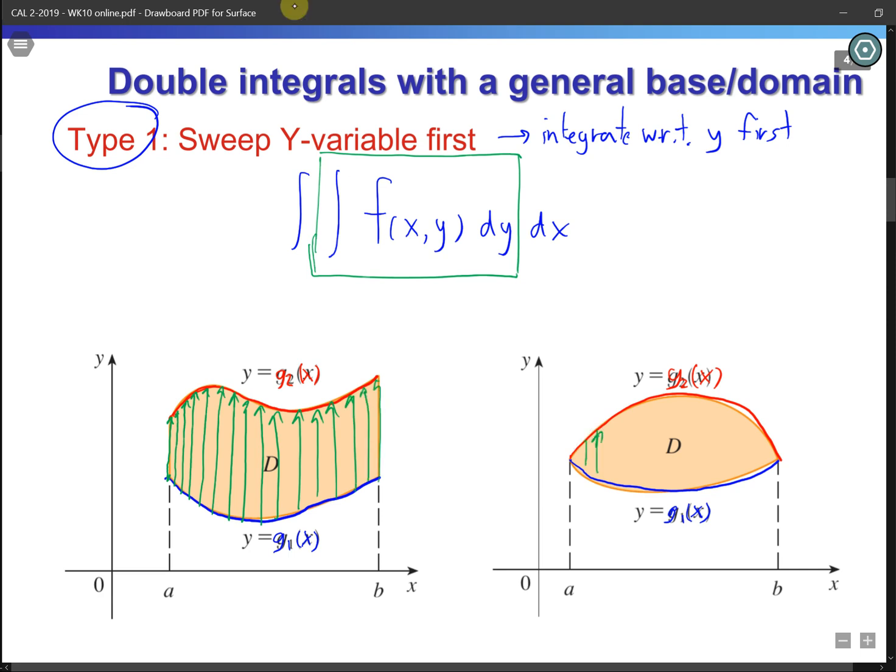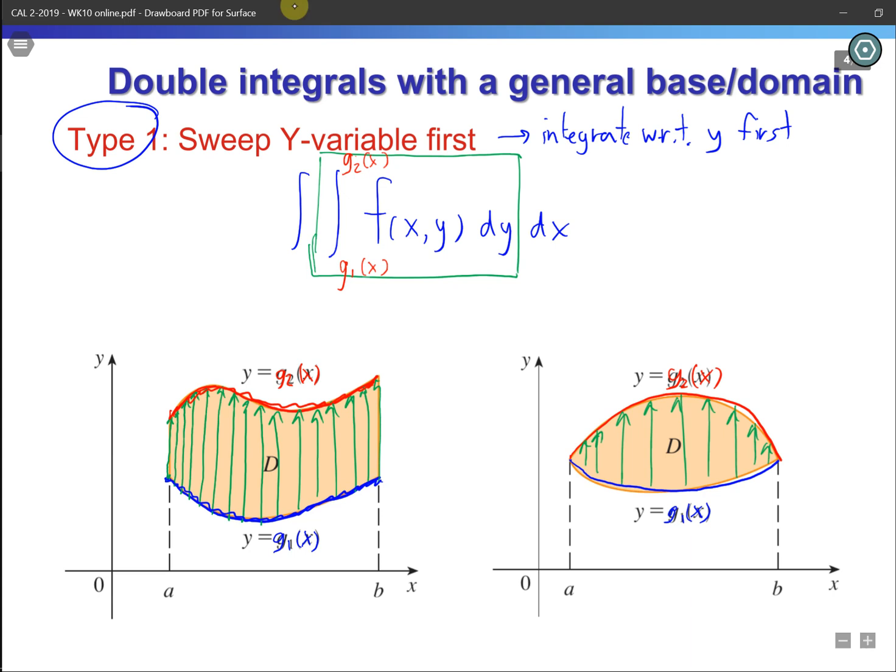Alright, so with this in your mind, you can see that this sweeping starts from the lower function, right here, and ends at the upper function, which means that the y value is going to sweep starting from the lower function, g1(x), and ends at the upper function, g2(x).